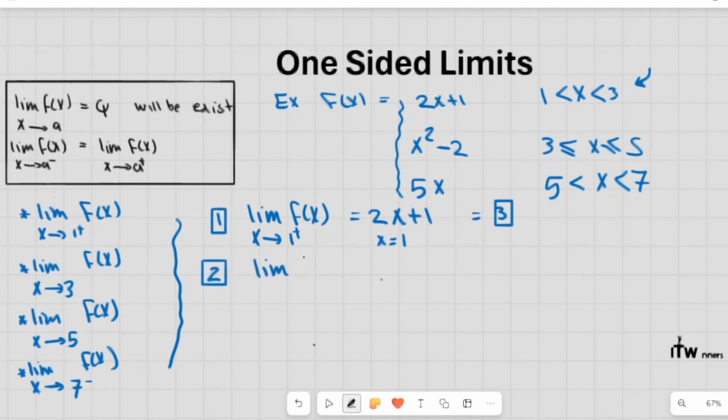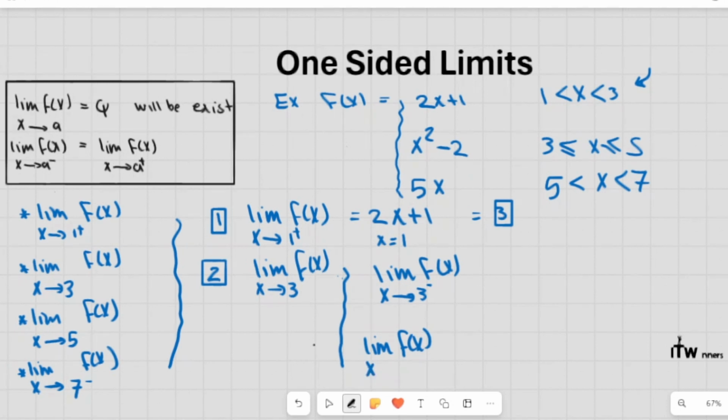limit f of x as x approaches 3, this will be divided into two directions of solution. So here let's find limit f of x when x approaches 3 from the negative side, and here limit f of x when x approaches 3 from the positive side.